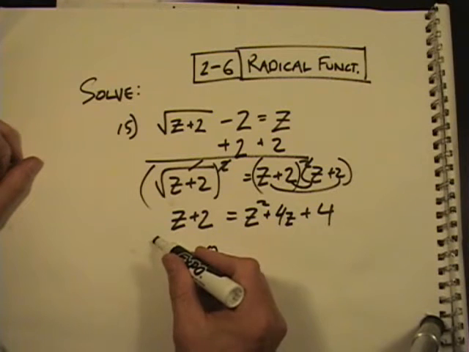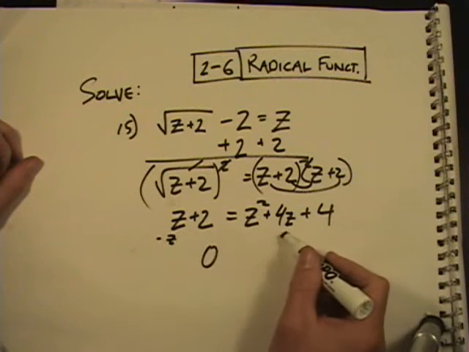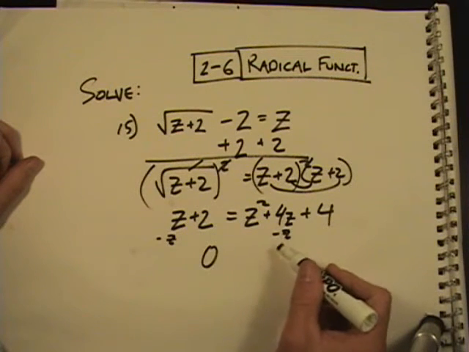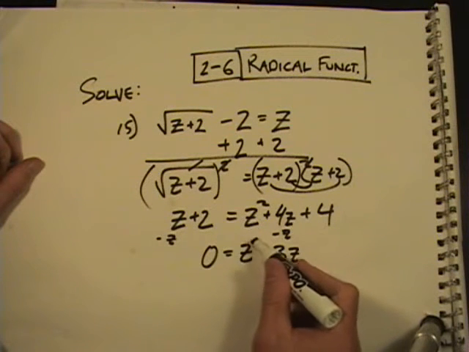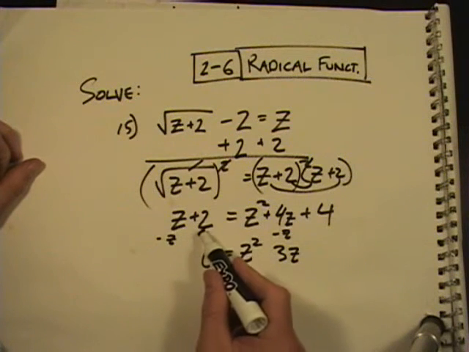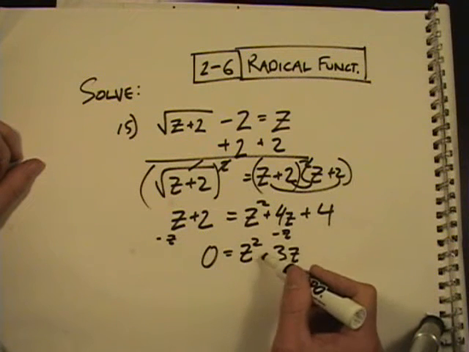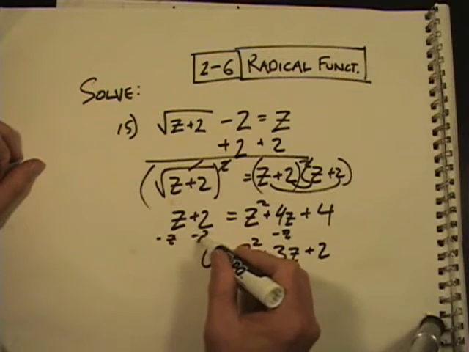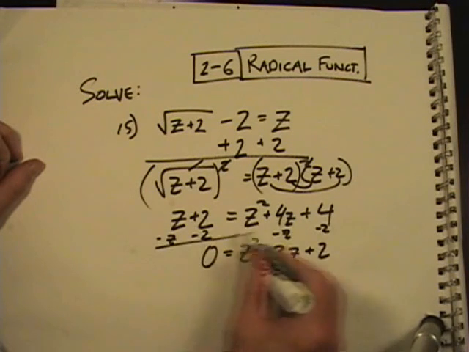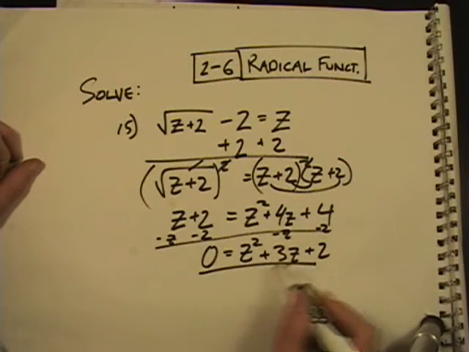I do that by subtracting z from both sides. I subtract z, and I'm going to get 3z. Z squared isn't going to change because there's no z squared to get rid of, but when I subtract 2 from both sides, then I'm going to get plus 2, because I'll subtract 2 and subtract 2. Alright, so this is my quadratic.